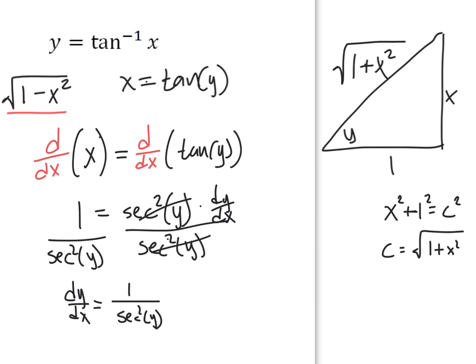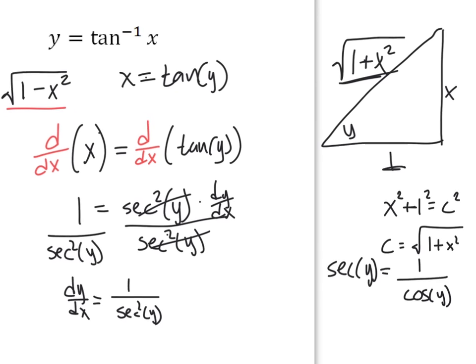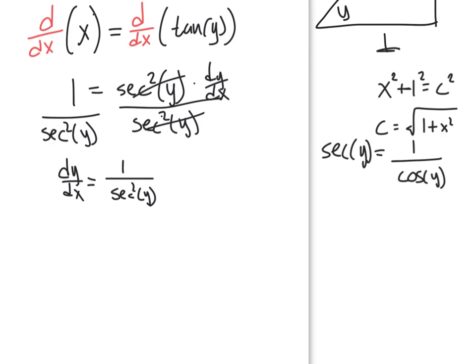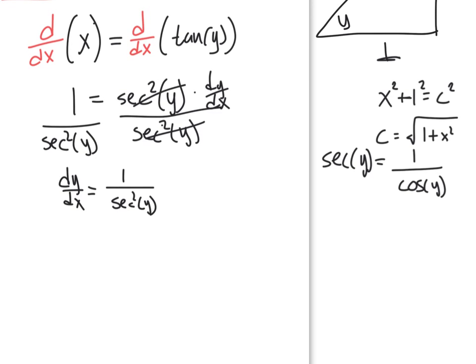All right, so if I'm thinking of secant of y, let's just evaluate secant of y. That's really just 1 over cosine of y, and cosine of y is adjacent over the hypotenuse. So we're going to end up getting 1 over the square root of 1 plus x squared.